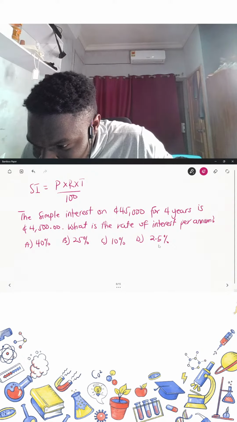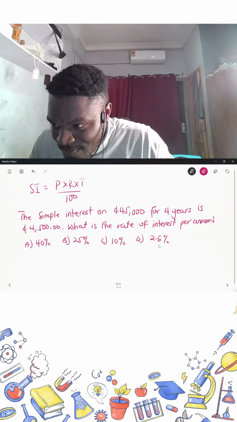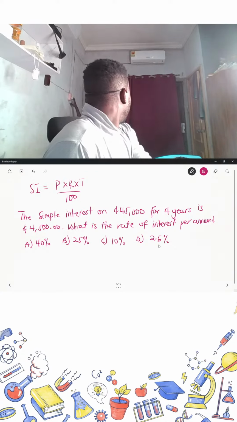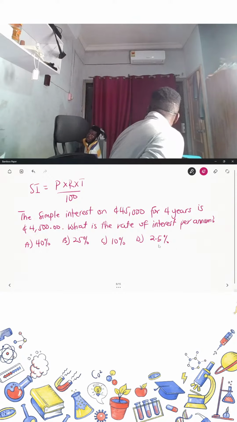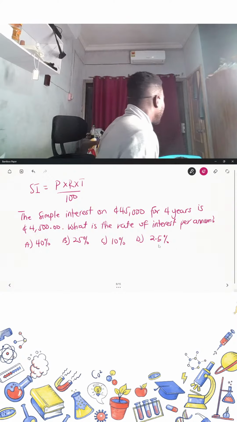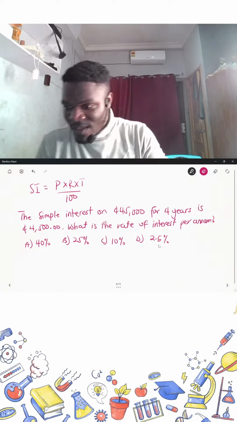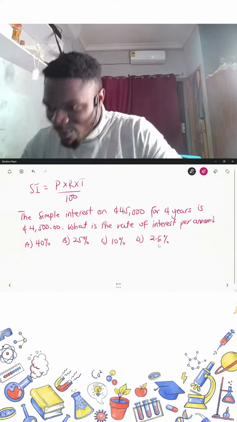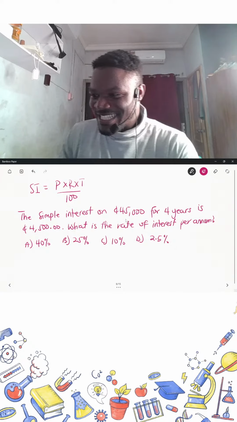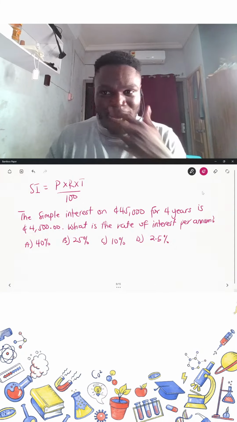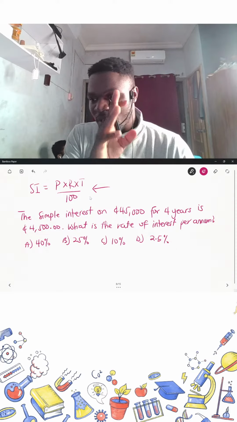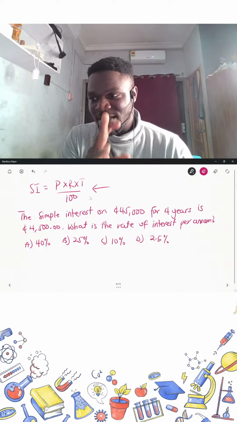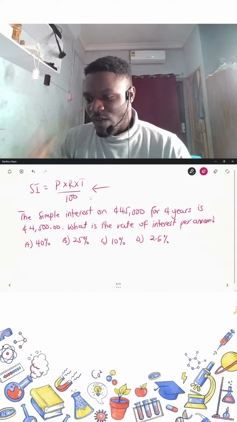Okay, Sunless is saying B. Wow. So very good. Let's look at the answer over here. Like I said, this is the formula. The simple interest is equal to the principal multiplied by the rate multiplied by the time all over 100.